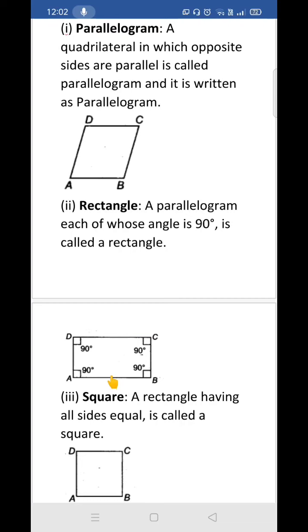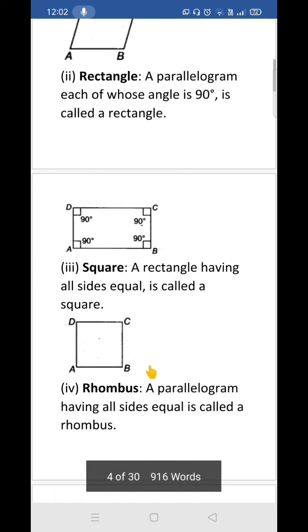One condition is that opposite sides are parallel, and each angle is 90 degrees. So in a rectangle all four angles are equal to 90 degrees: angle D is 90, C is 90, B is 90, A is also 90. These are the two conditions you have to remember: it is a parallelogram, and each angle is equal to 90 degrees.